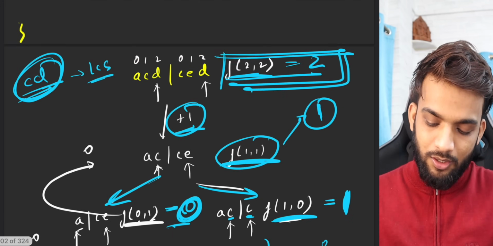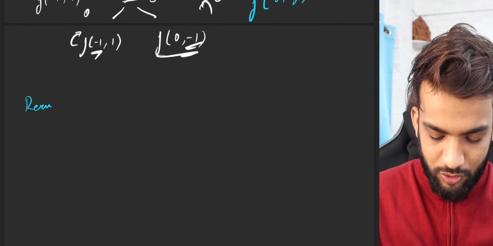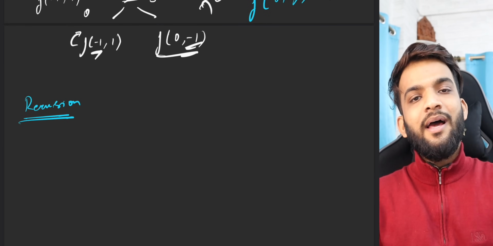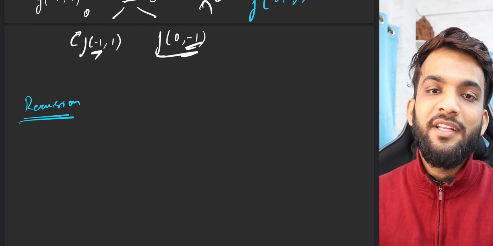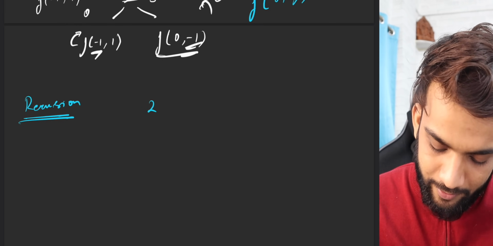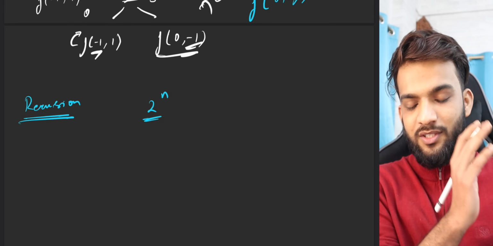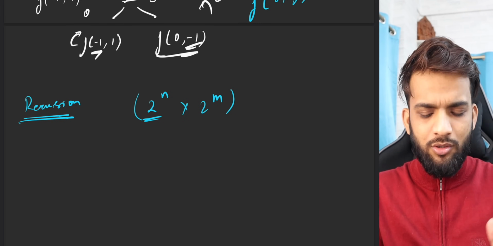So what are we doing as of now? We are doing recursion, and we know we are applying possibilities, right? Since you're trying out all the recursions, it's going to be 2 to the power n subsequences of this string, times 2 to the power m subsequences of the other string, because you're trying out subsequences.